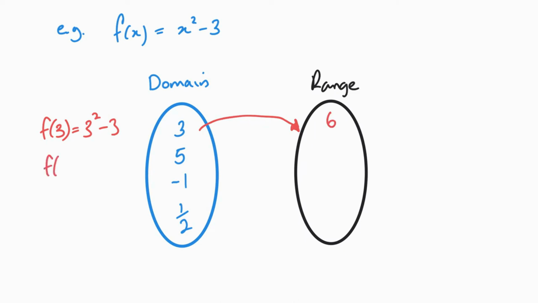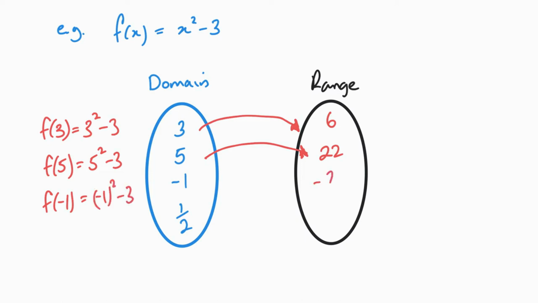Look at the next one, f of 5. That's 5 squared minus 3. 25 minus 3 is 22. If I'm substituting minus 1 for my x, then that's minus 1 squared minus 3, which is minus 2.